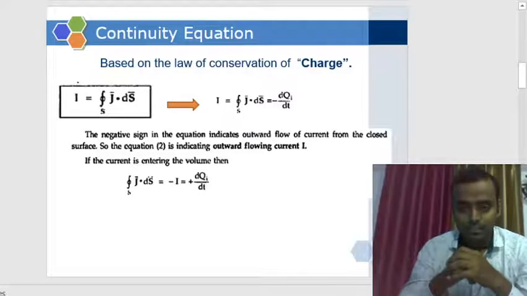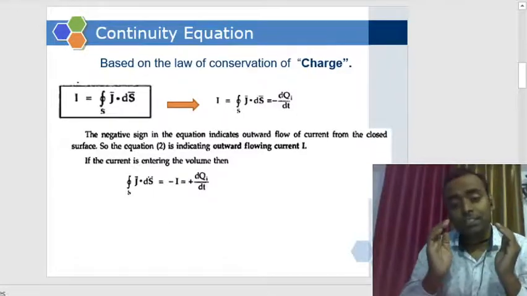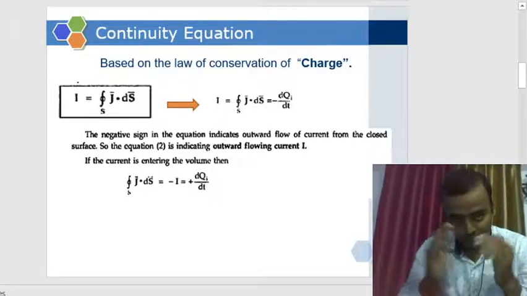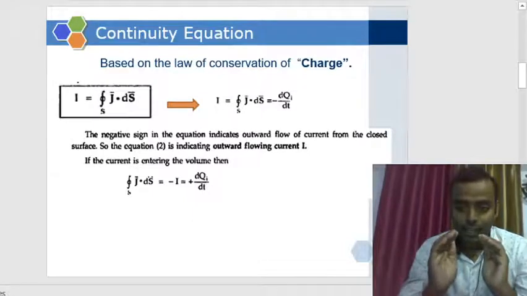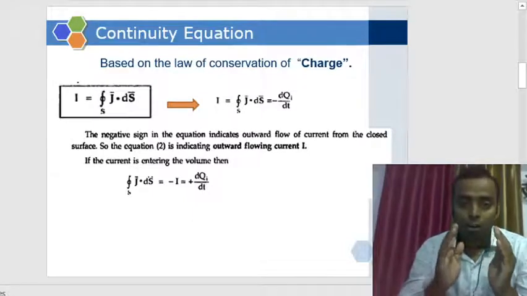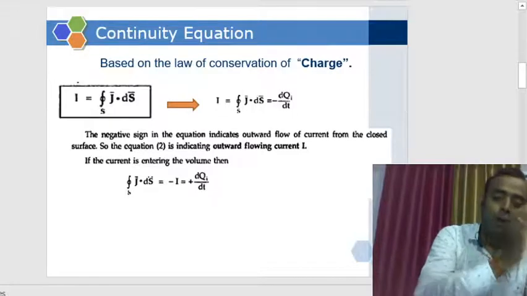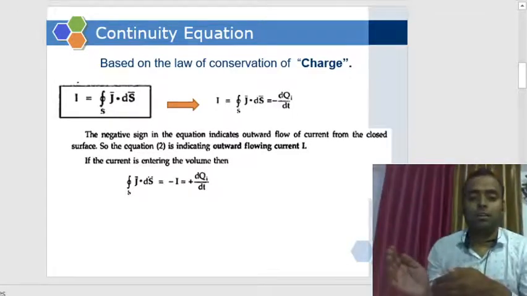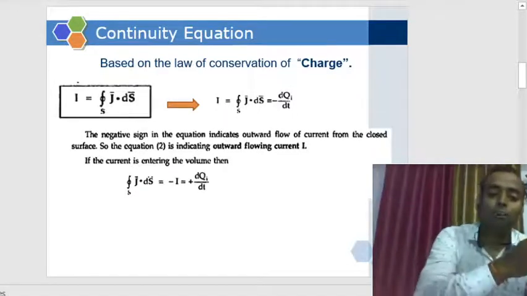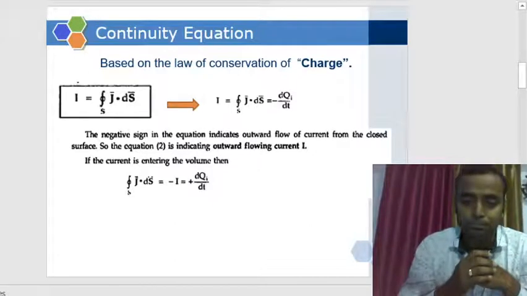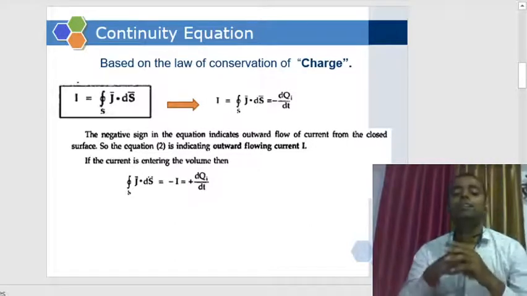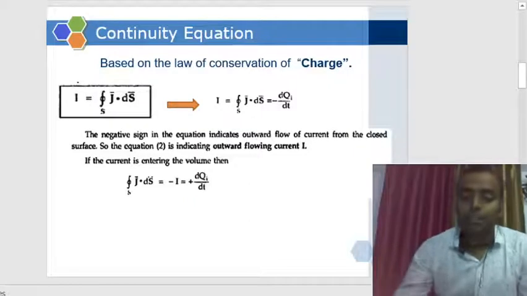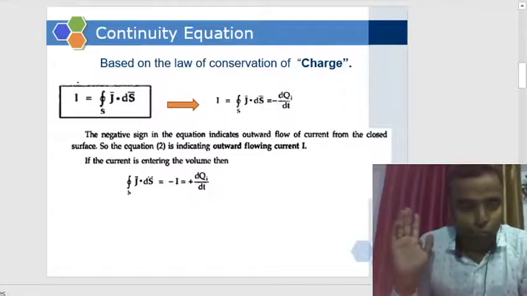That's it. We have a fixed amount of charge in our system, and that charge is being transformed from one part to another, from one form to another form. So this continuity equation is based on the law of conservation of charge.